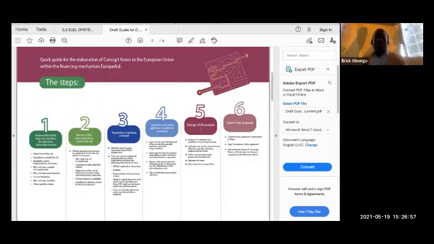And then after the concept note is evaluated and granted, the European Commission will issue a communication inviting you to move to the second stage, which is the full proposal application and submission. It goes through similar steps, but not exactly the same as the ones we've highlighted in the concept note development, because what you are doing in the full proposal is a build-up of what you did in your concept note.